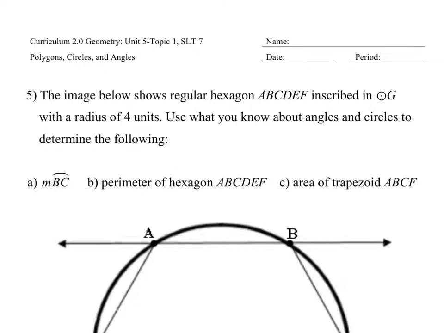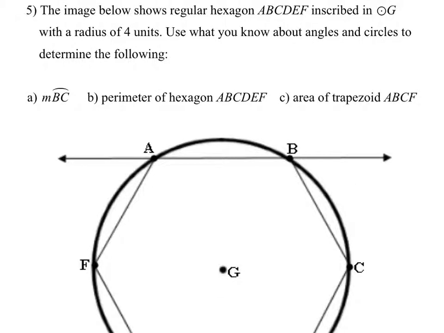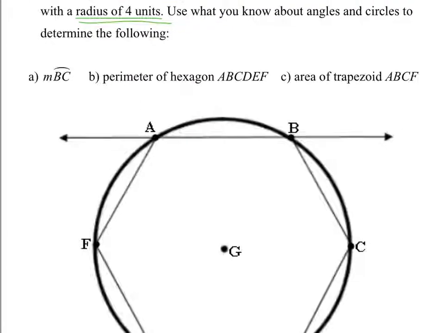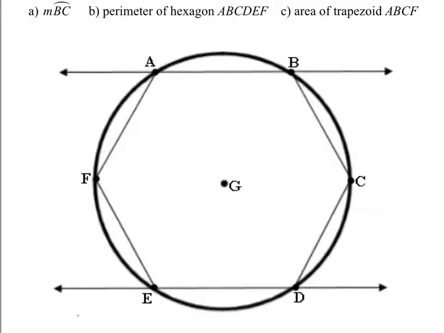Question 5 says the image below shows regular hexagon ABCDEF inscribed in circle G with a radius of 4 units. Use what you know about angles and circles to determine the following. So we need to remember that we have this radius of 4 units and that it is a regular hexagon.